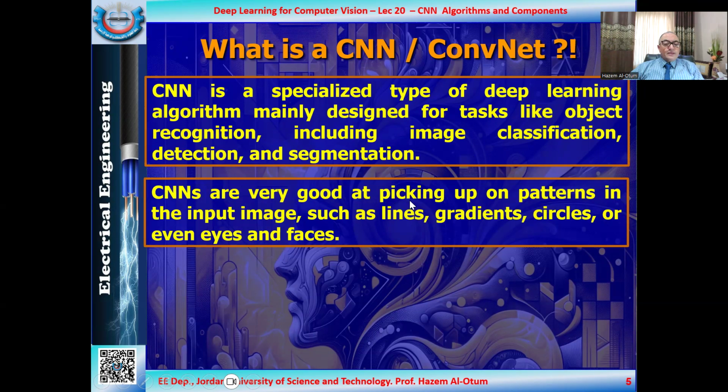They are very good at picking up patterns in the input image. So using CNNs, you can select or pick up the features in the images and concentrate on the feature map instead of the image itself. This includes lines, gradients, circles, even eyes, maybe faces, maybe parts of objects, maybe body actions. All these things can be captured by the different CNNs.